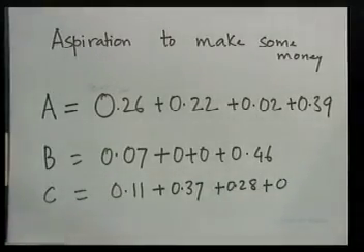So, this is nothing but the probability value to make some money. Some money means you are not losing the money, that is the first thing, and you are making some money more than 0.